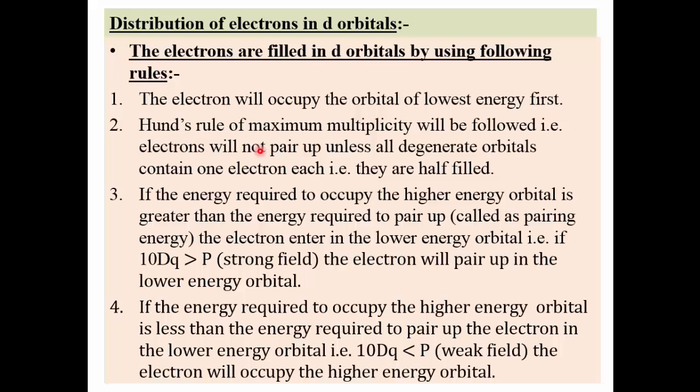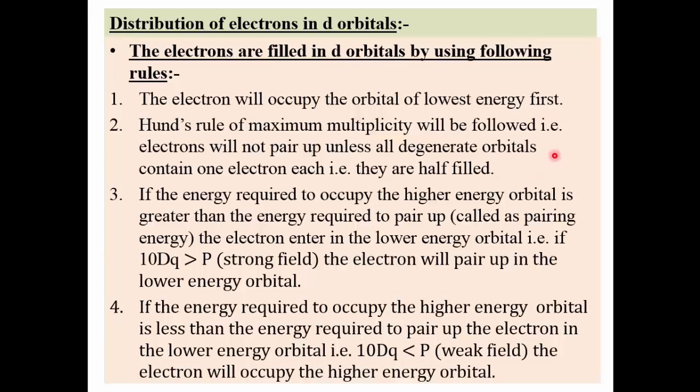Second, Hund's rule of maximum multiplicity will be followed. That is, electrons will not pair up unless all degenerate orbitals contain one electron each. That is, they are half-filled. For example, if there are three electrons, the first electron goes into 2px, the second goes into 2py, the third goes into 2pz.